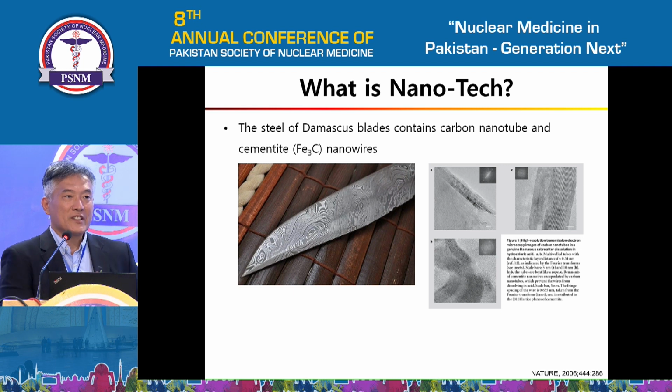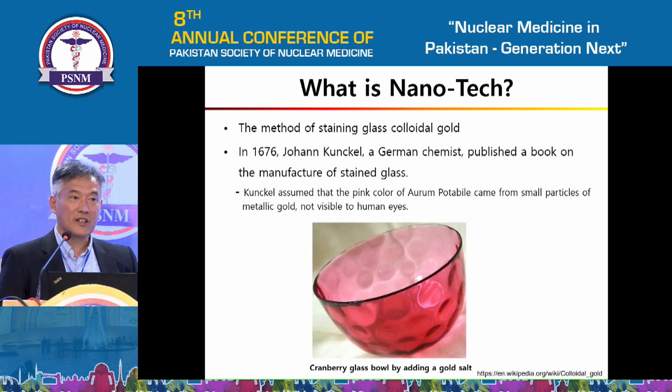But earlier our human race adopted this technology into the Damascus blades, and also that blade contains carbon nanotube, and also stained glass, where gold nanoparticle can show the different colors of the glasswares.